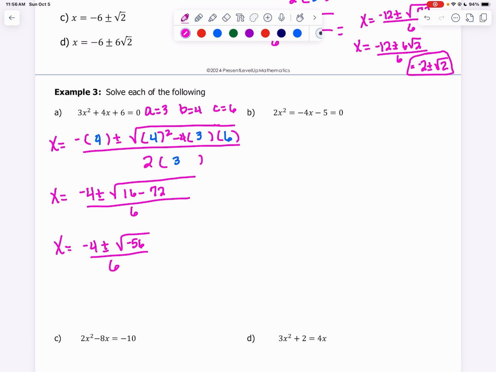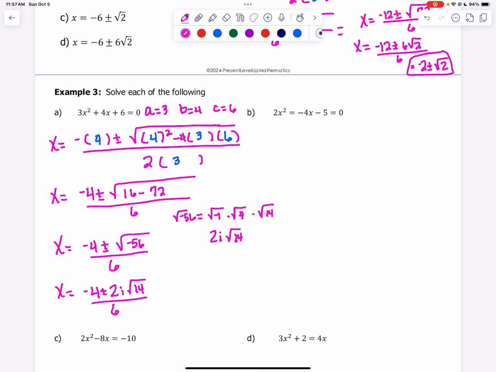Now we're going to simplify this a little bit. Square root negative 56 would be square root negative 1 times square root 4 times square root 14. So that would be 2i square root 14. So negative 4 plus or minus 2i square root 14 over 6.